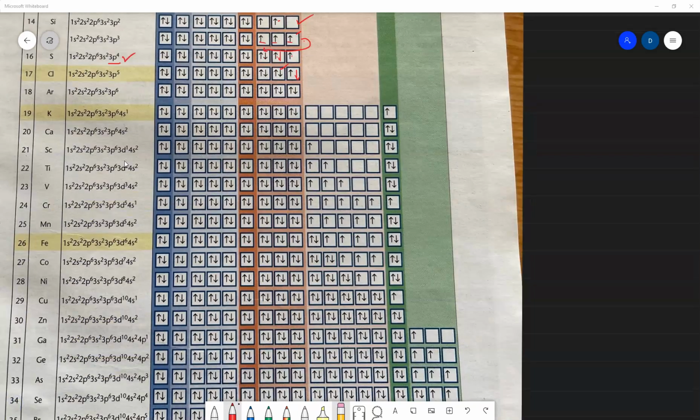Now start from Sc. This is where the d shell will start filling. There are 5 orbitals of type d, or you can say there are 5 d orbitals. That's the reason why there are 5 boxes, and each orbital can take 2 electrons.